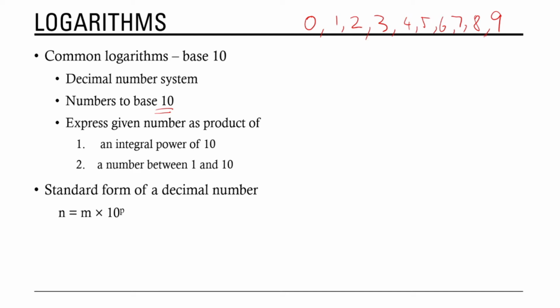While using this common logarithm, we have to express the given number as a product of an integral power of 10 and a number between 1 and 10. For example, let us take the number 583. We can write 583 as 5.83 into 10 raised to 2.